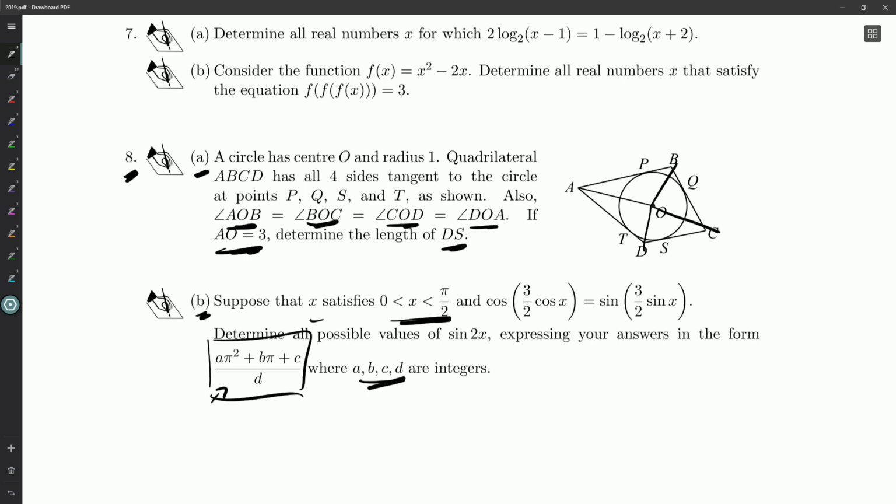We don't have any sort of... I know there are double angle formulas, but I've never heard of a 3/2 angle formula. Although I could use the half angle formula on this expression. That might not be a bad idea.